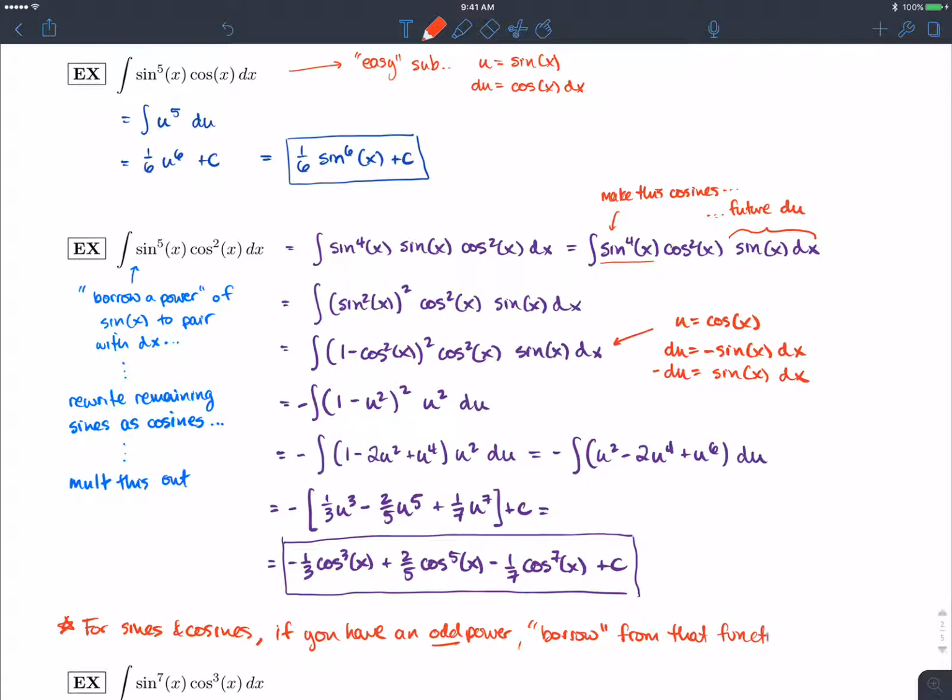This tip will be summarized a little bit later on. In this case, sine had the odd power, and that's why I had that initial instinct to pull that sine off of that one. The point being is that we're going to then be left with even powers, which will allow us to then exploit the Pythagorean identities.